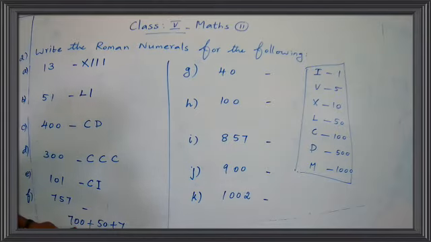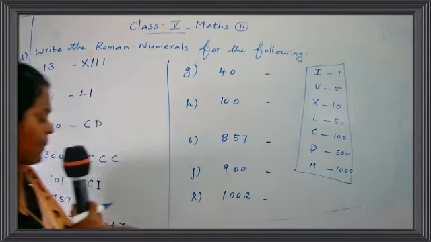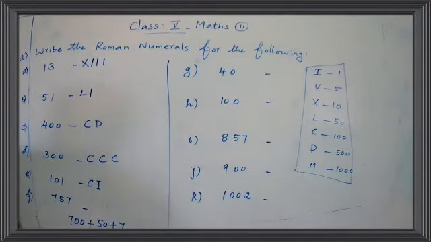Now you say 700 means 700 can be written as 500 plus 200. Yes children? நல்லா கவனிச்சுக்க. நம்மளுக்கு 700க்கு இங்க சிம்பல் இல்ல ரோமன் நியூமரல்ஸ்க்கு.